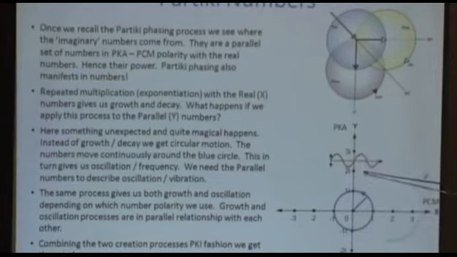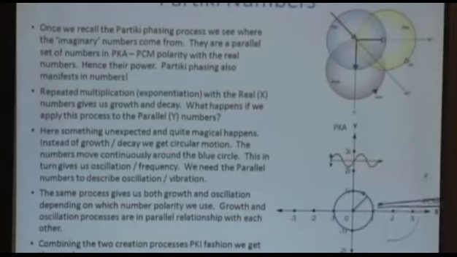This is where something very interesting happens. Instead of getting growth and decay, we get these numbers here. If I expand them by repeated multiplication, the numbers will move around a circle. They create circular motion. They create oscillation.